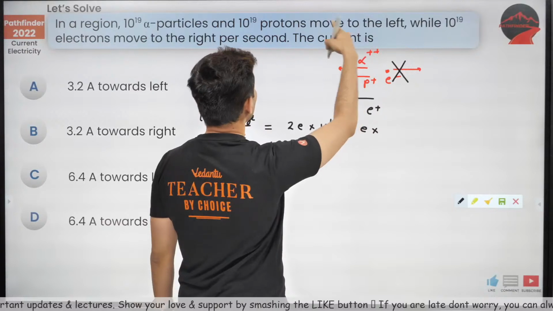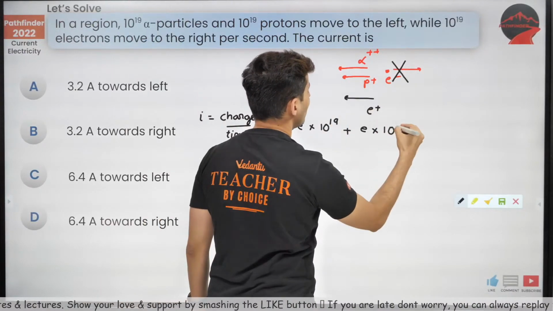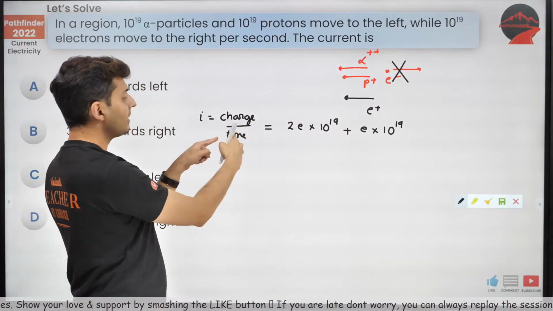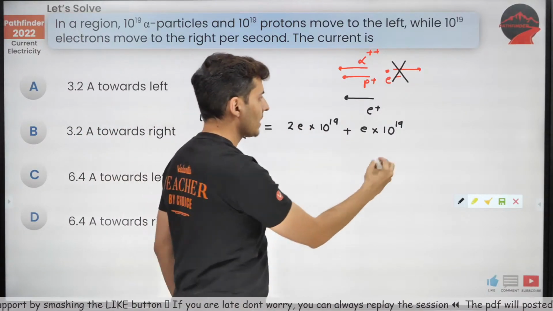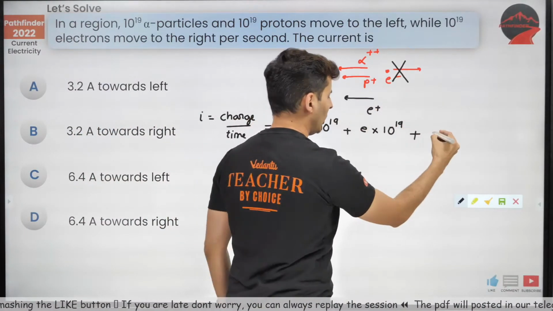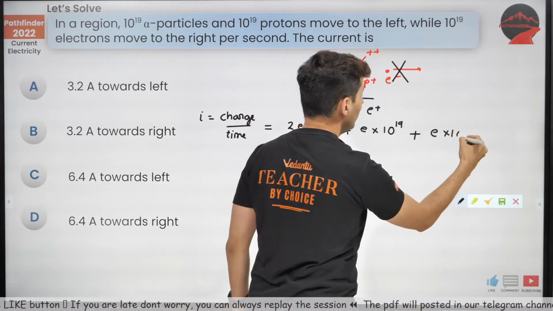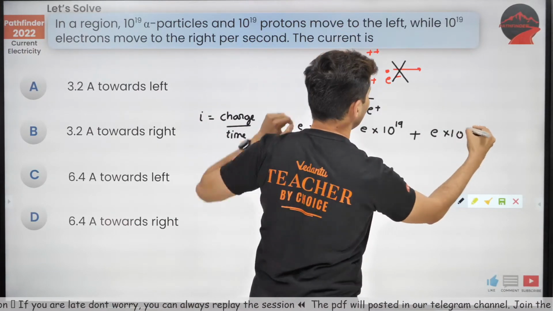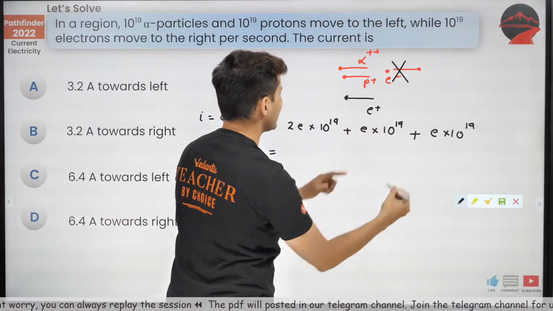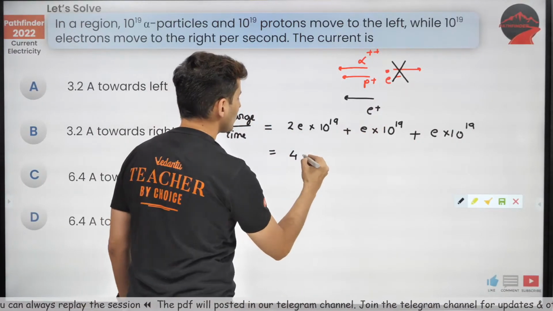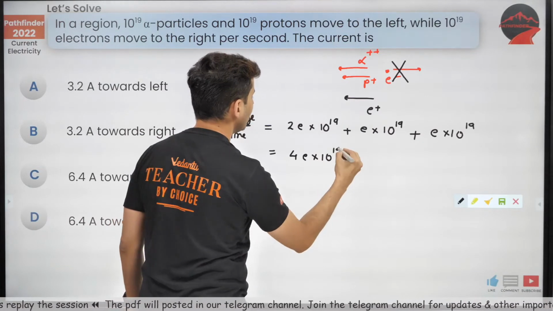How many particles? Well, 10 to the power 19 per second. So per second is already taken into account, so don't have to divide by time again. Plus another electron, so that is e into again 10 to the power 19. So this is going to become 2e plus e plus e. That's going to be 4e. So 4e into 10 to the power 19.